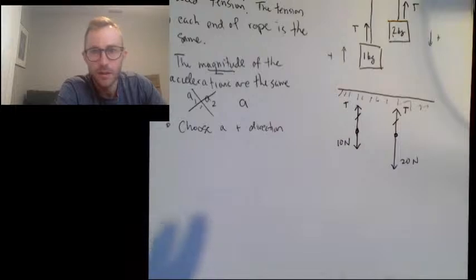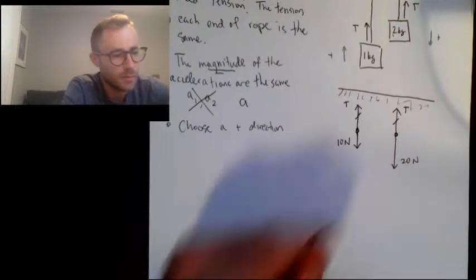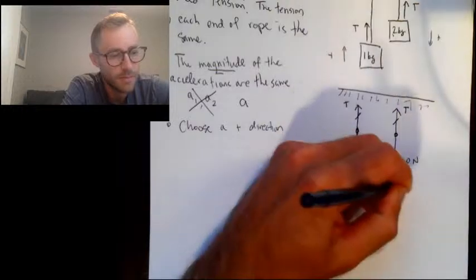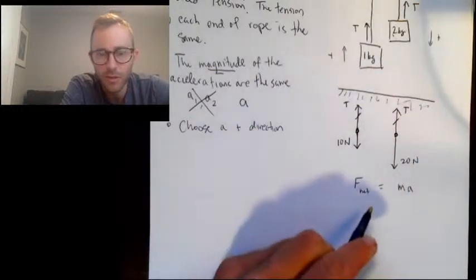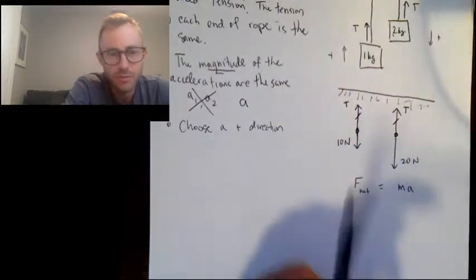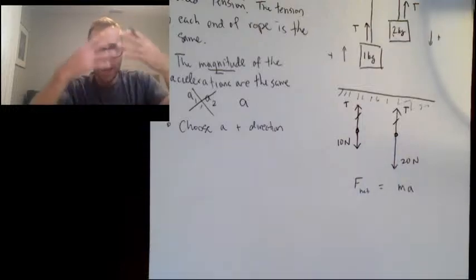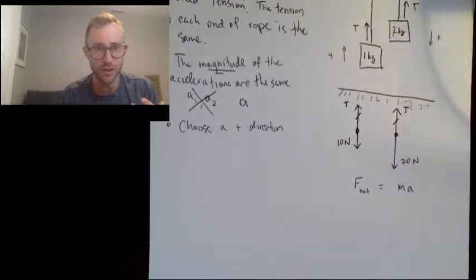So here's how we're going to solve the problem. We are going to write Newton's second law, but Newton's second law applies to each mass. Just like for all of the atoms in your body, Newton's second law applies to each of those atoms separately.